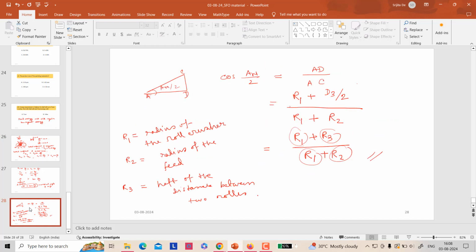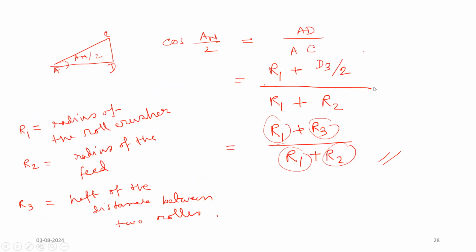That will be much easier to remember: D3, what we have written as D3, is the diameter of the product. That means R3 is the radius of the product. So what is R1 in both denominator and numerator? R1 is the radius of the roll crusher, R3 is the radius of the product and R2 is the radius of the feed, right?